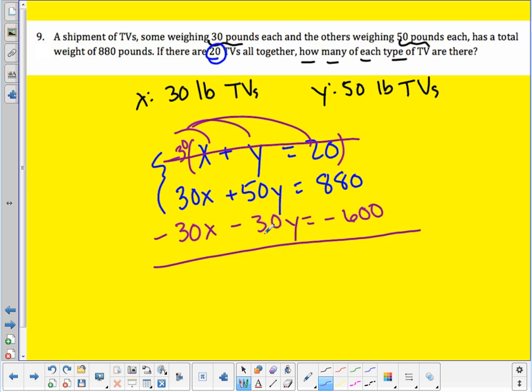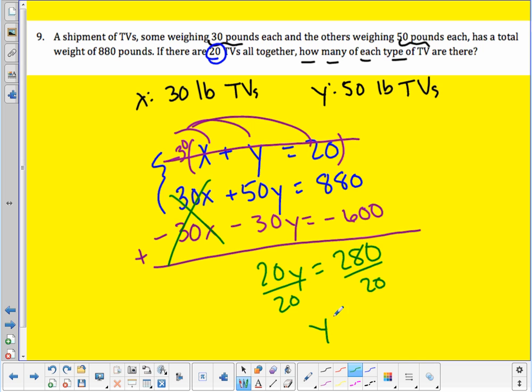Let's put those bottom two equations together. When I do that, 30x minus 30x is 0. Those drop out. Then 50y minus 30y is 20y, and 880 minus 600 is 280. Then I need to divide both sides by 20, and that gives me a y value of 14. All right, so now let's plug that back in and get the x value.